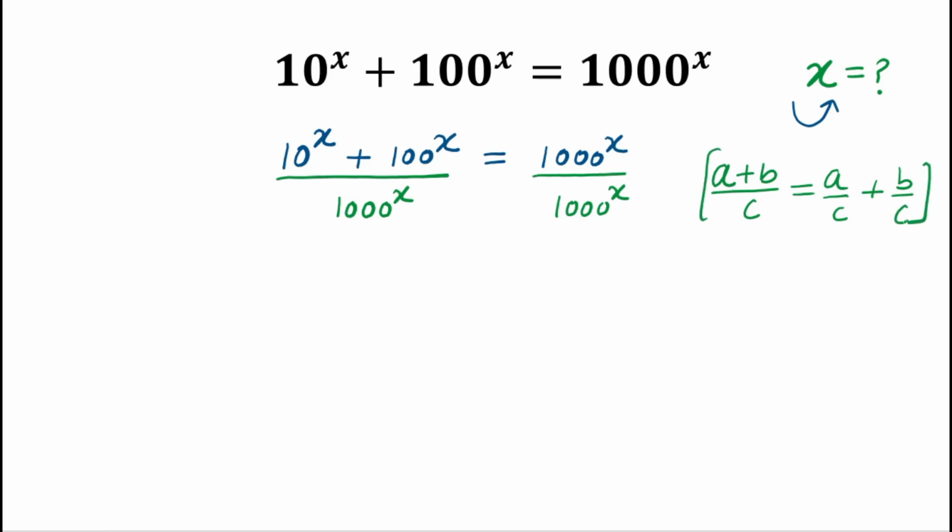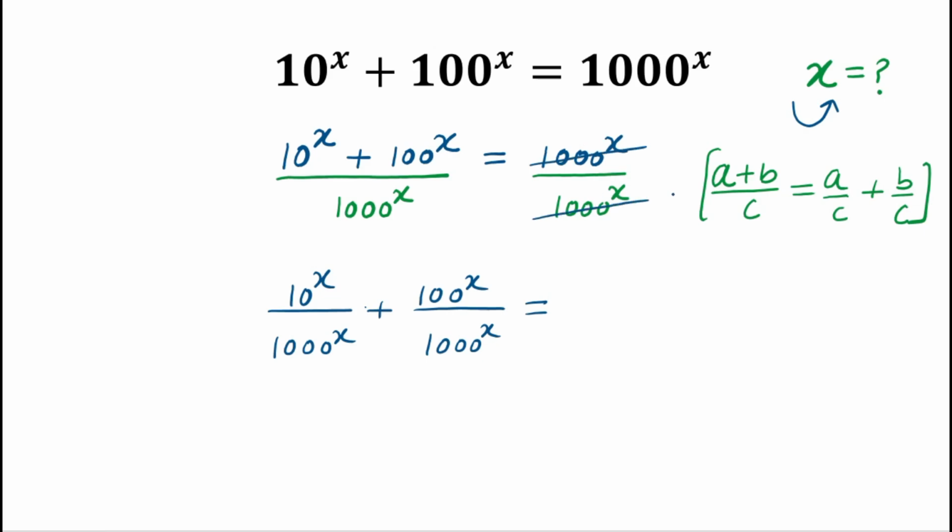According to this rule, we can write this left hand side as 10 power x over 1000 power x plus 100 power x over 1000 power x. On the right hand side, 1000 power x divided by 1000 power x cancels out, and you will get 1.